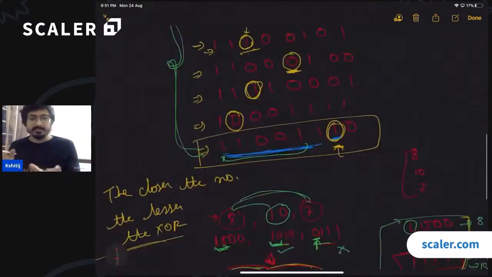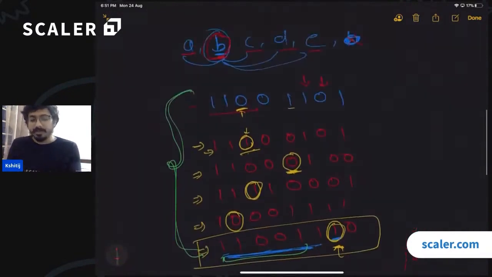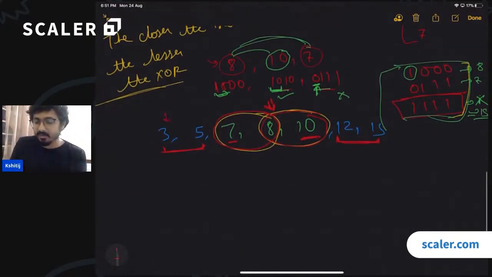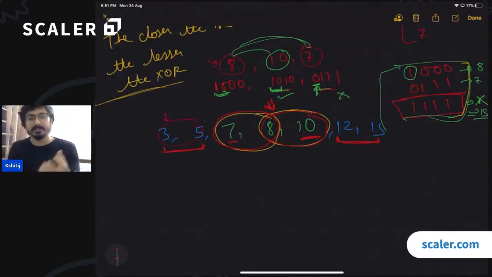Because out of these two, one of them is going to have the maximum number of similar bits on the left side. That is why if you sort all the numbers and check the XOR of all possible pairs, you will get the minimum XOR out of all the possible pairs.